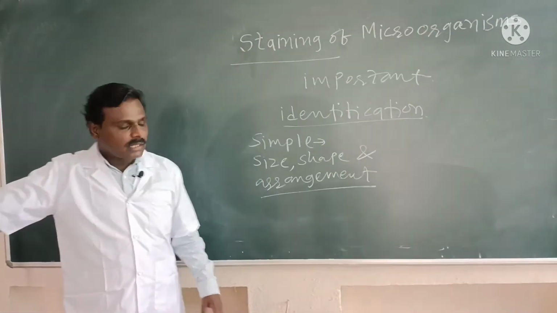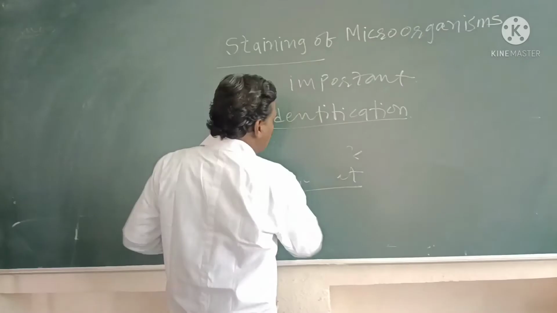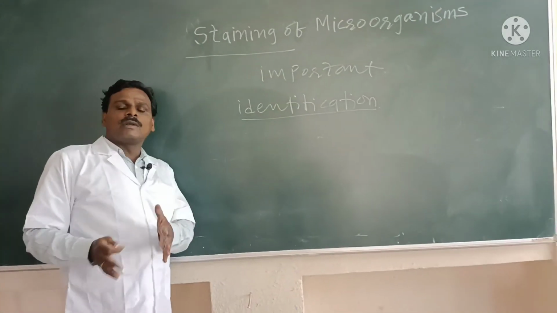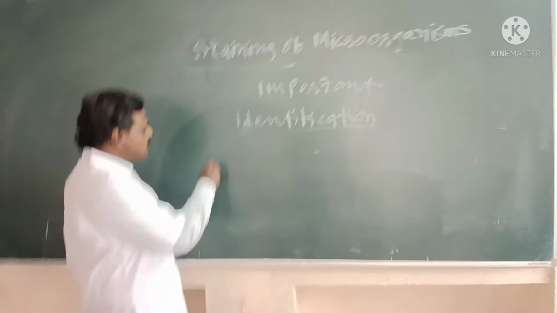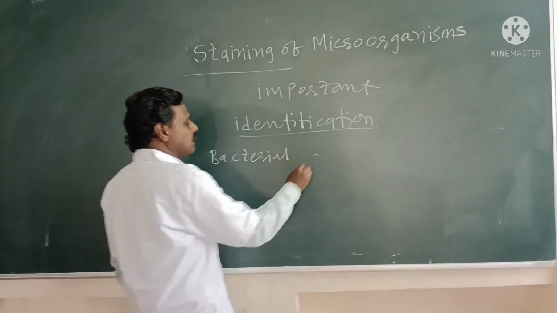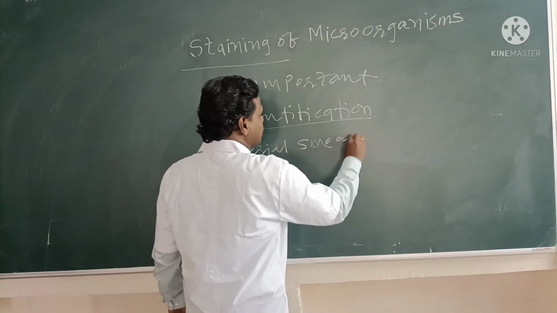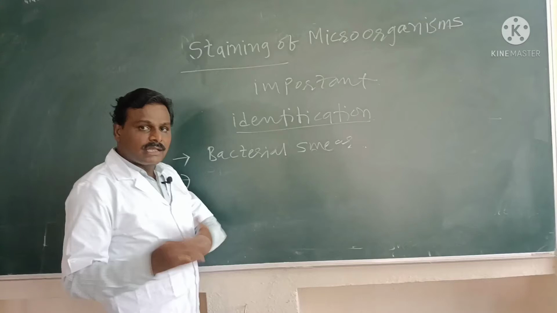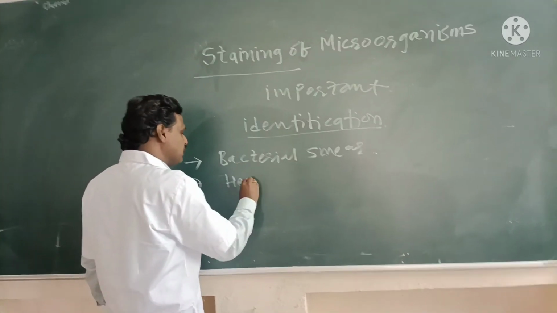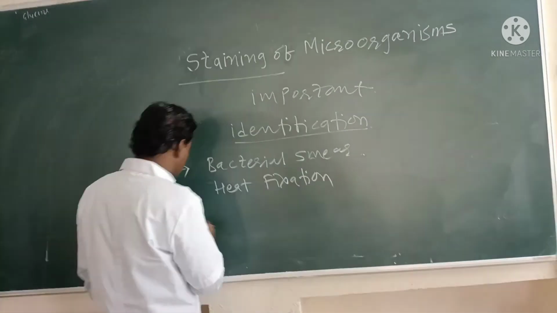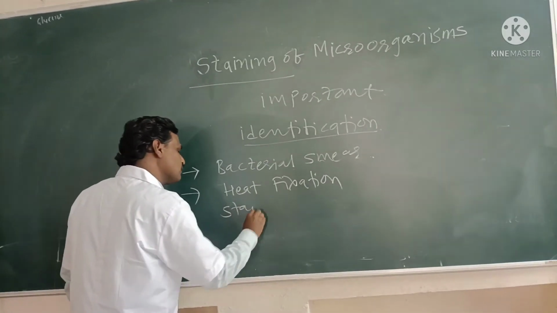For this staining technique there are certain requirements. We need a preparation of bacterial smear: we need a culture of bacteria, and then we make a smear. After the preparation of the smear, the second most important step is heat fixation, and after the heat fixation comes the staining procedure.